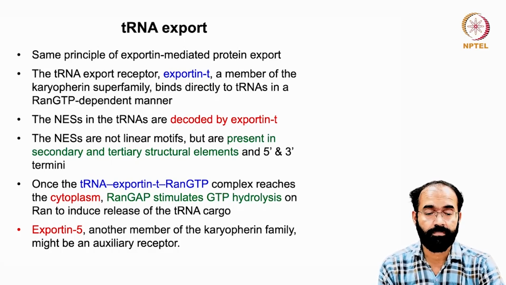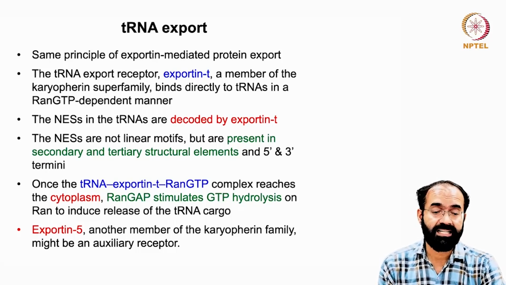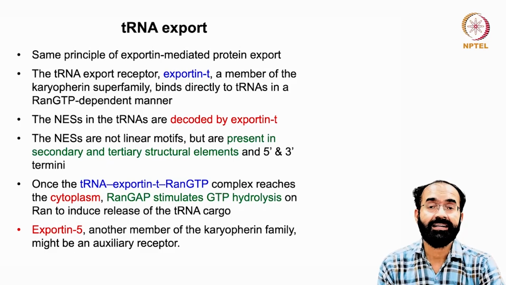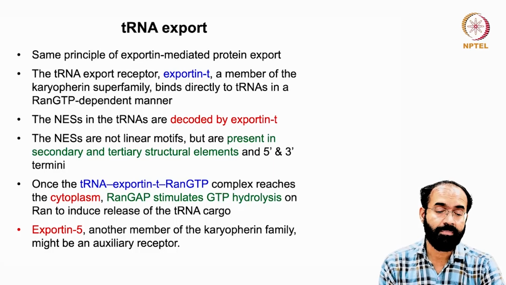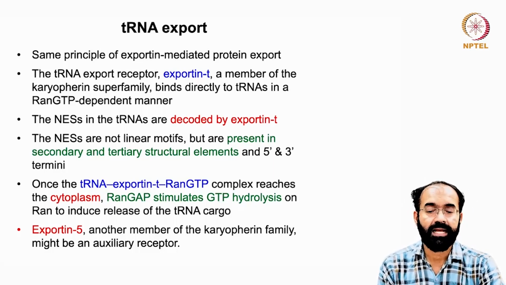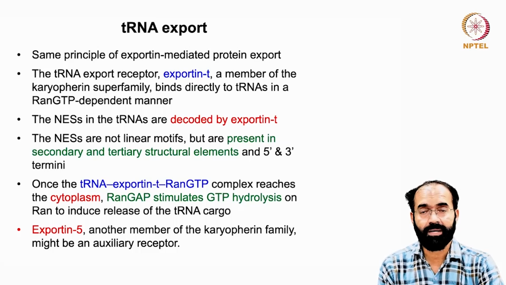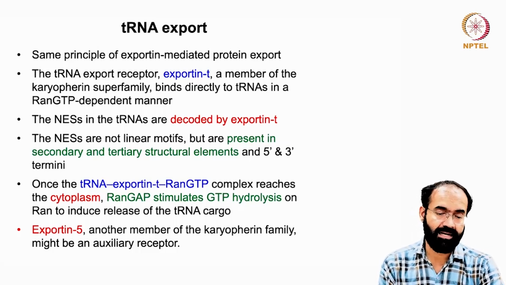They are present in the form of secondary and tertiary structural elements at the 5' and 3' termini. So you should understand that they have a unique dedicated secondary structure that is obvious in the 5' and 3' terminus of this tRNA molecule.